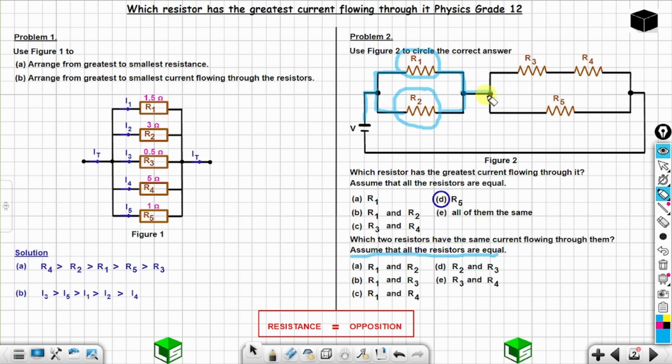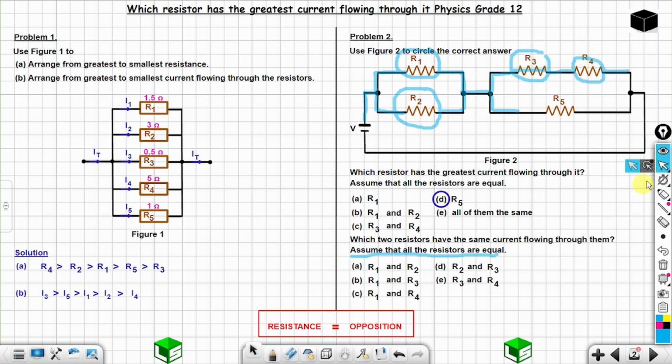Now you're going to have the current splitting again. So you have a series connection. You don't have division of current in a series connection. So the same current that is flowing through this resistor will come out and flow through this resistor and then go out. Same current flowing through R3 and R4.